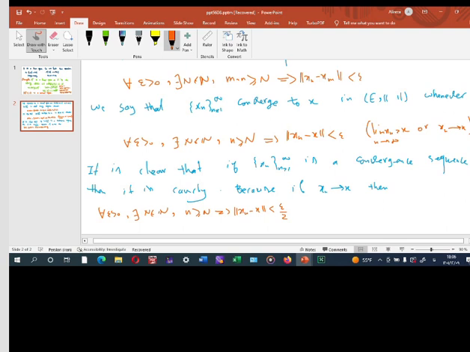This is a non-negative real number too. And this shows that for any epsilon there exists N such that if m and n be greater or equal N, then this norm is less than epsilon.